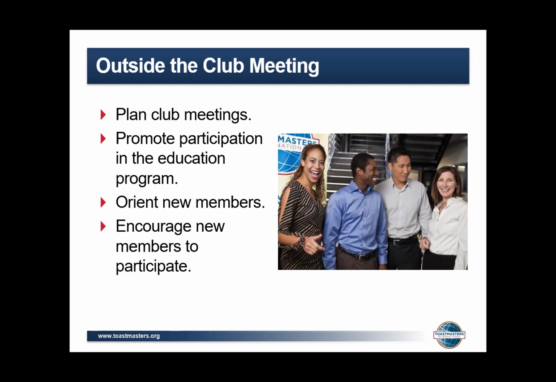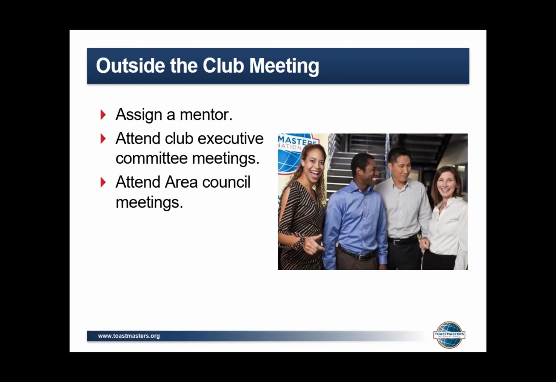You work with the VPM, Vice President Membership, and a key point of orienting new members is explaining to them how the program works, walking them through selecting a path and assigning them a mentor. Mentorship is key within the Toastmasters program. Why?